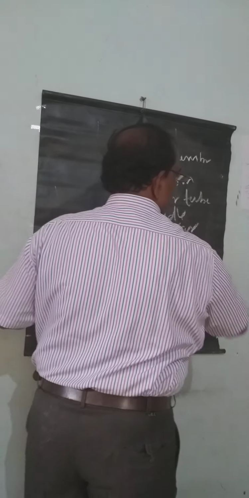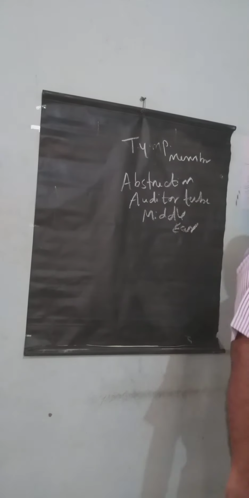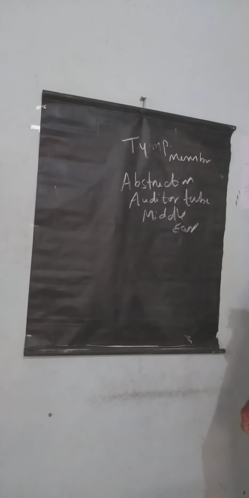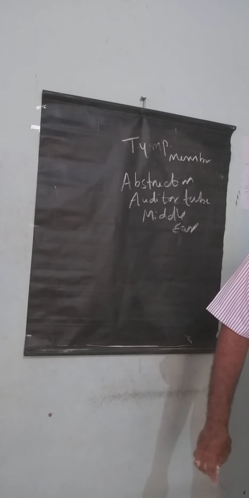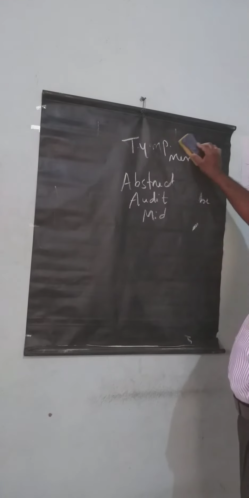The auditory tube, partly cartilaginous and partly bony, connects the nasopharynx to the middle ear cavity. Due to obstruction in the auditory tube, there is a variation in the tension, and the tympanic membrane is affected. It is kept tense.